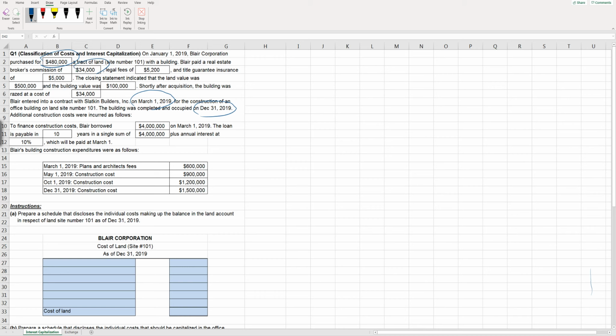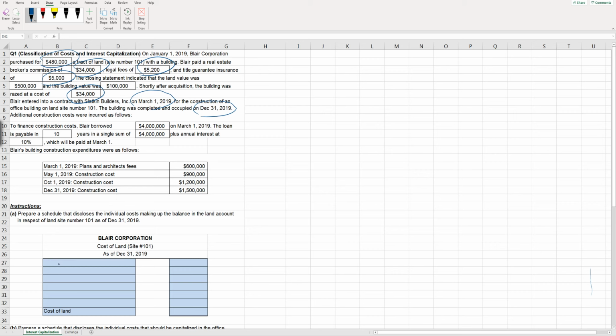And commissions, legal fees, and also title insurance. What else, right? And also, in order to make it ready for use, we have to pay $34,000 to make it ready. So all these 5 expenditures will be recorded as cost of land.